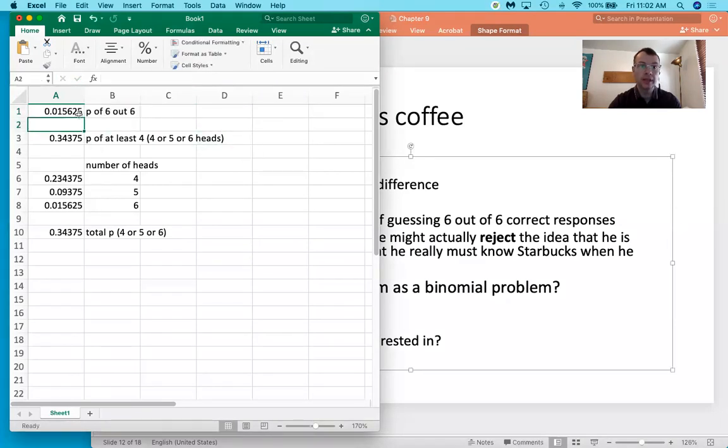So we find that if he's truly guessing, the probability that he would get 6 out of 6 right is 0.015625, which means that if we were to do this experiment with him 100 times over, so give him 6 taste tests and figure out how many he got right, and did that over and over again in a world in which he's really guessing, getting 6 out of 6 should only happen about once or twice out of every 100 trials.